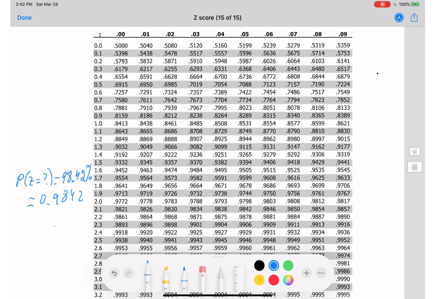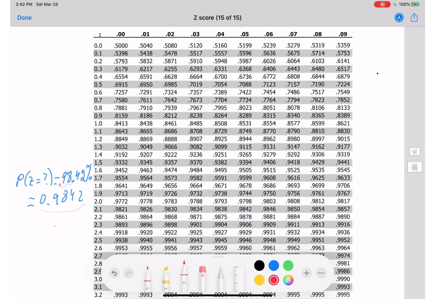Dividing by 100 means to move by 2 positions to the left. 1 and 2. 2 positions to the left, and I put point there, which will be right here, 0.9842.